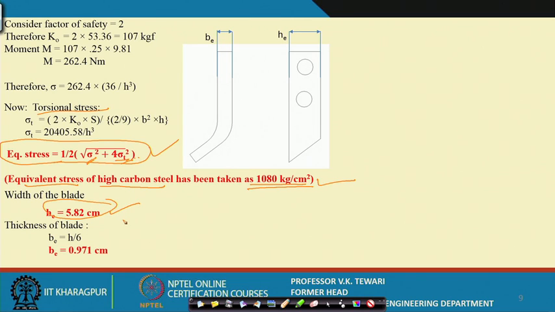One can take about 6 centimeter for the blade, and then the thickness of the blade can be found out from a ratio of BE and HE. So, B comes to be 0.971 centimeter, maybe about 1 centimeter can be taken comfortably.